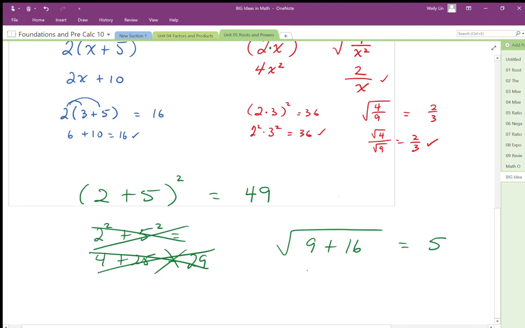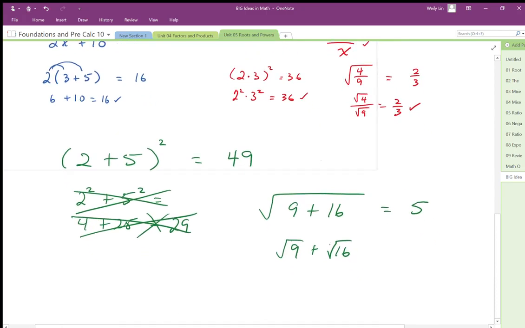However, if I square rooted those individually, the square root of 9 plus the square root of 16, again, notice that there's a root, a power, and a plus. They don't mix. If I try to apply the roots across the plus, I end up with 3 plus 4 equals 7. Well, that's clearly wrong. So we cannot apply powers and roots across plus and minus.